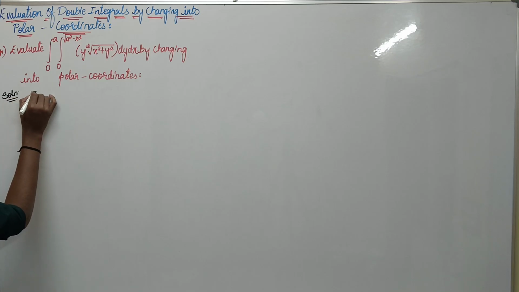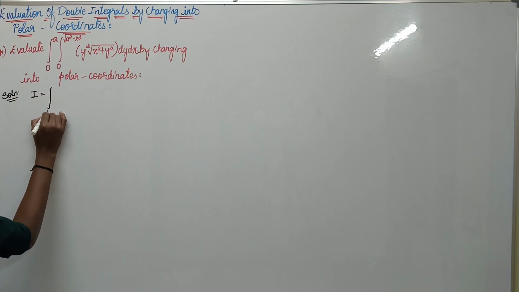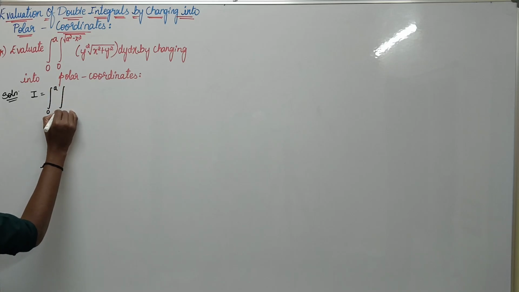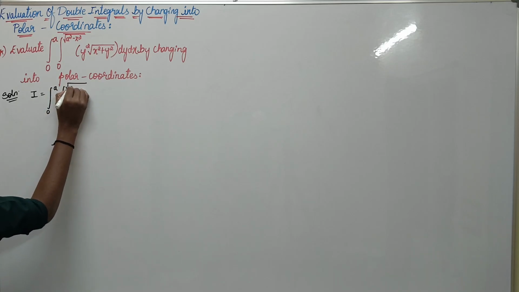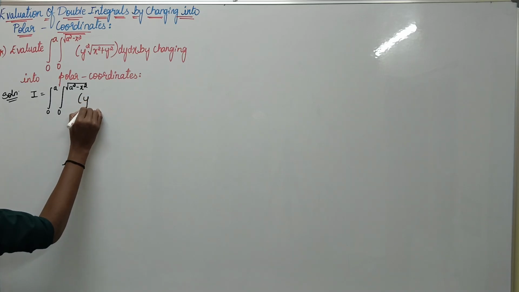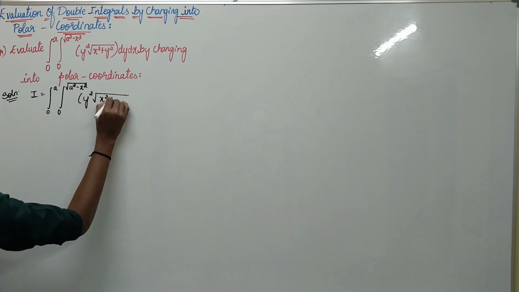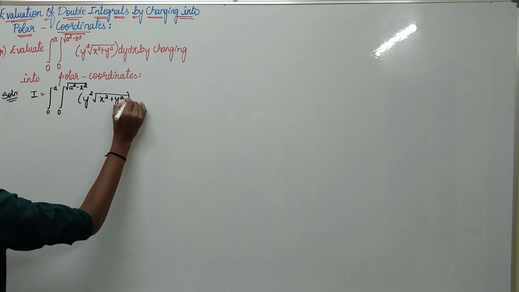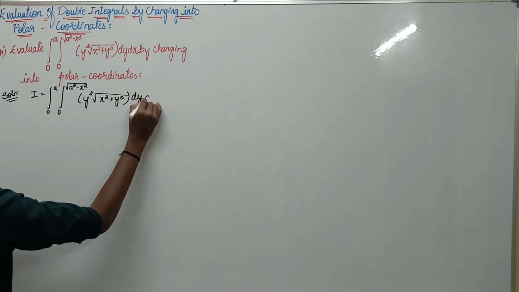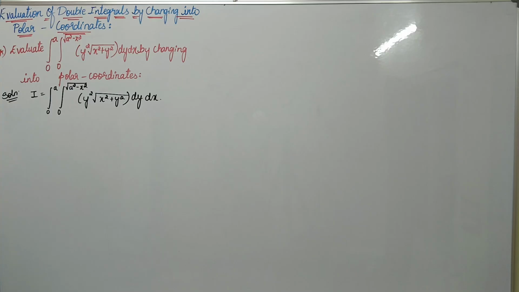that is I, which is equal to the integral from 0 to a, integral from 0 to root a square minus x square, of y times square root of x square plus y square, dy dx. Got the point?